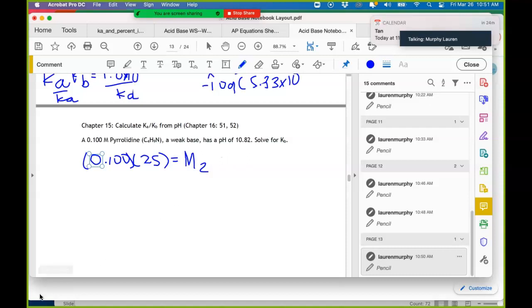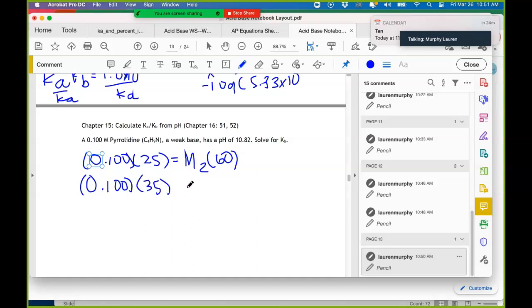Yeah. All right, so the final volume when you take 35 of the base and 25 of the acid is 60, right? That's our final volume. So this is our acid. Now I need to do this for the base, which was 0.1 molar also. However, now we've added 35 milliliters of it to the acid.